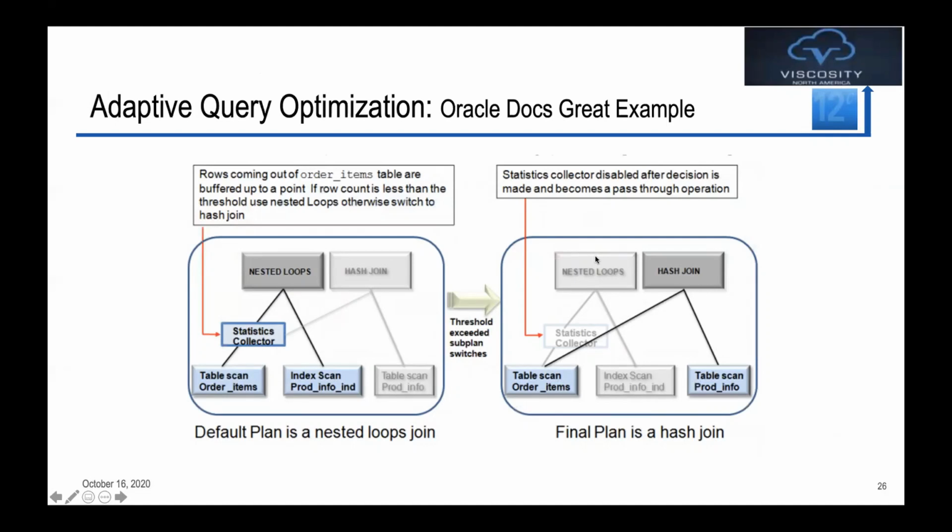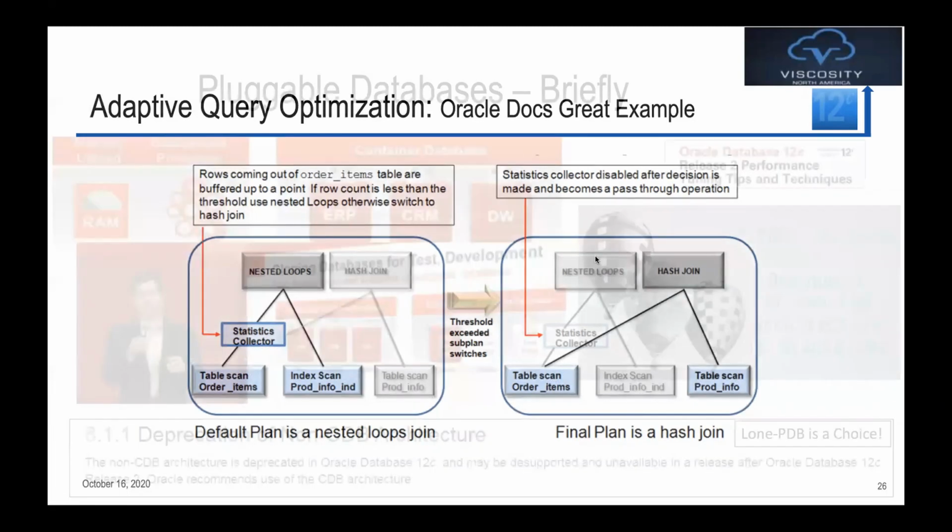We're going to take the result of one table and loop through the other table. Loops 1 time, 2 times, 10 times, 100 times. Says, whoa, wait a minute. Statistics told me it should only loop through 3 times. Obviously, these statistics aren't good. Change it to a hash join. That's going to be more efficient. So it literally changes a query while it's running.